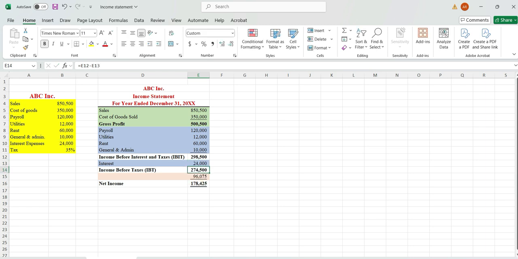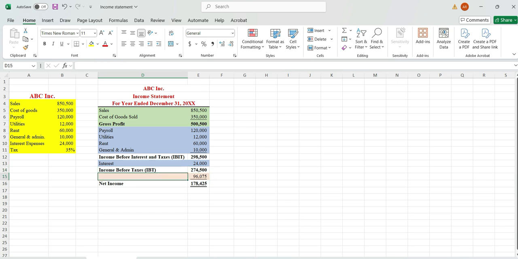So we are left with income before taxes, which is 274,500. So this is the income that a business will get after taking out all the expenses, operational and interest, but before paying taxes. If it's not for taxes, this is the income the company will get.